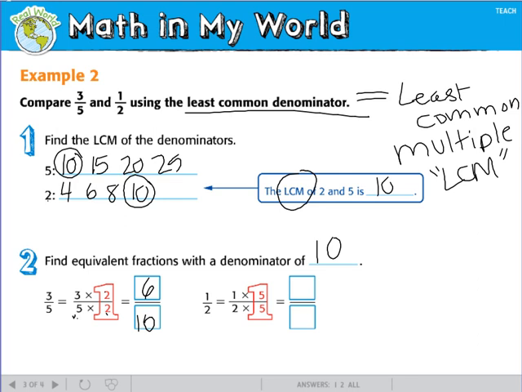Then I come over and I say, okay, I have 1/2. So 2 times what equals 10? 5. So 2 times 5 is 10. 1 times 5 is 5. Okay, so now my denominators are the same. All I have to do is compare my numerators. So I'm comparing 6 and 5.